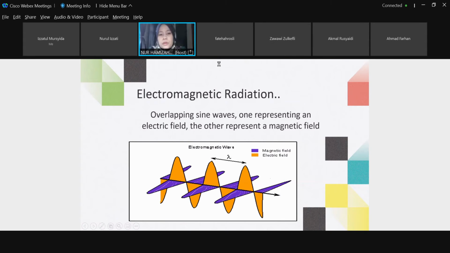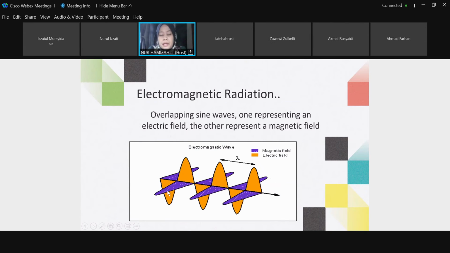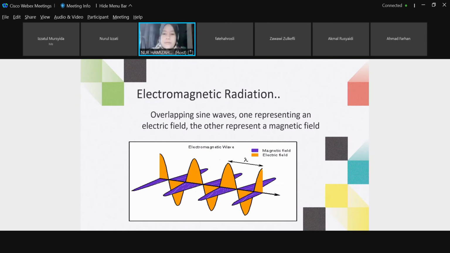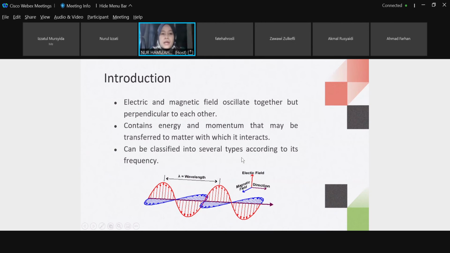You can see here, there are waves in the form of a sine wave. One wave represents the electrical wave and one wave represents the magnetic wave. So there are two kinds of wave, magnetic and electric.